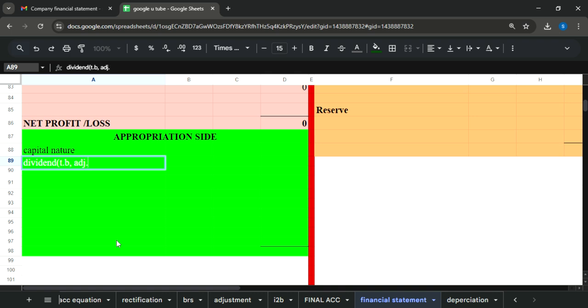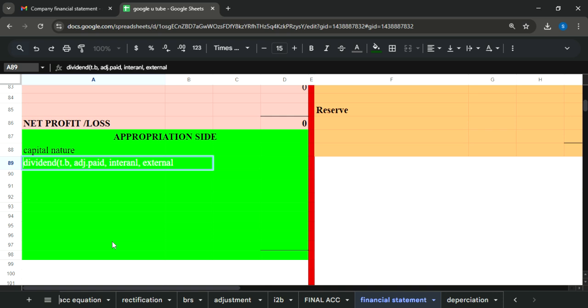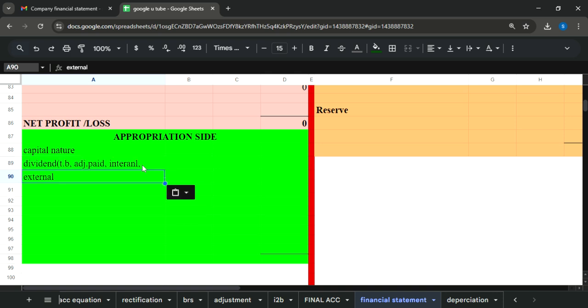either it is paid dividend or it is internal dividend or it is external dividend. We can pick this. External was going a little outside, so let's take it to the downward side, and here you will put it.